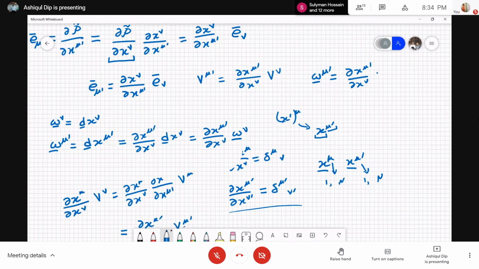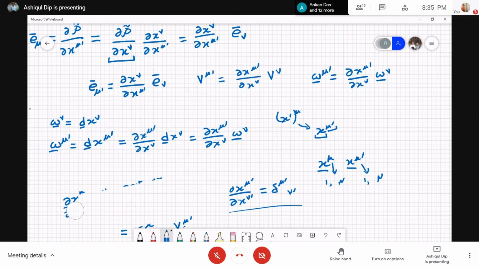What we mean by transforming ω, we have to be a little bit more precise. Let's just finish it, then I'll explain it in full detail. So if you have a one-form α, can you find the transformation relation for the components of this α?